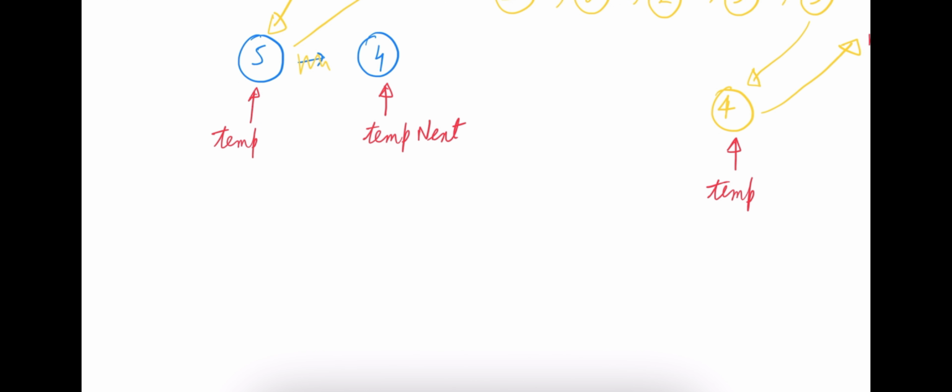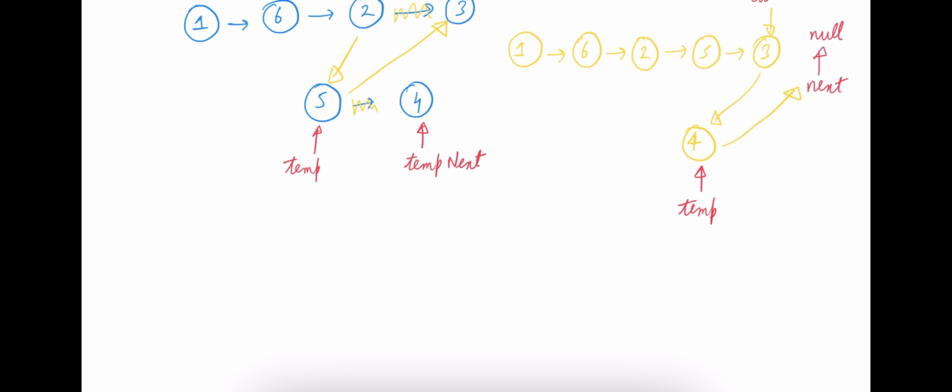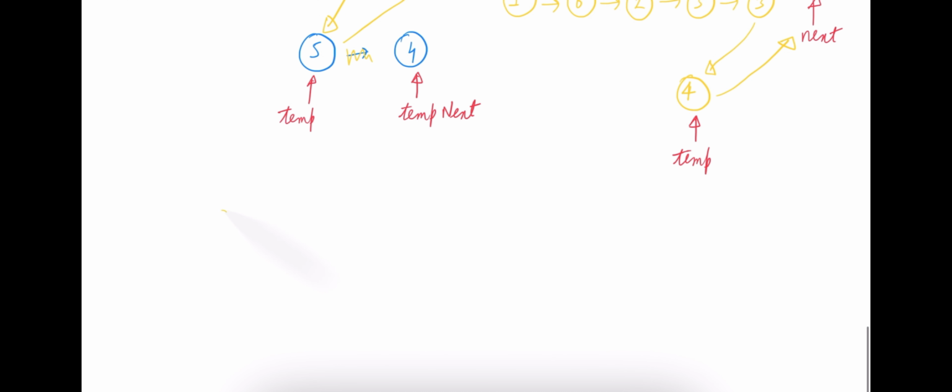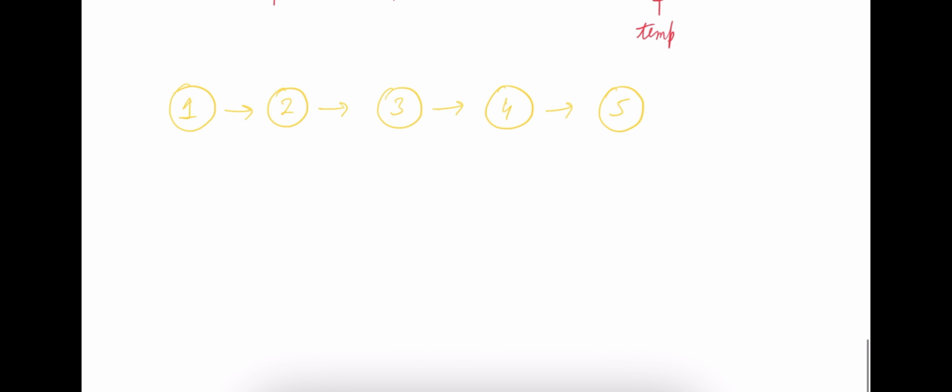Now what if the length of my linked list is odd? For that case, let me draw a linked list of length 5: 1, 2, 3, 4, and 5. After I find my middle node, which is node 3, I update node 2 dot next to null, and then I have to do a reverse operation.